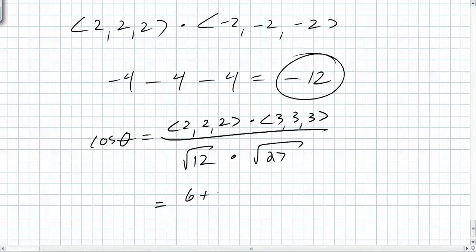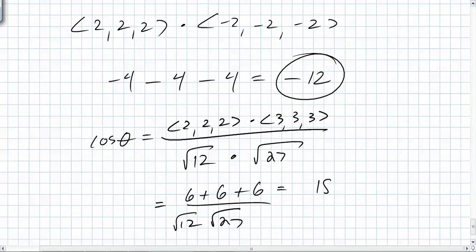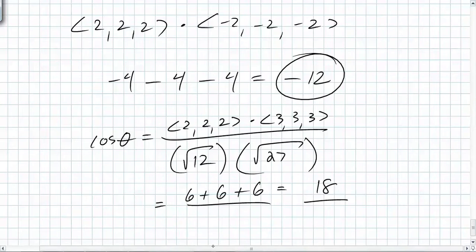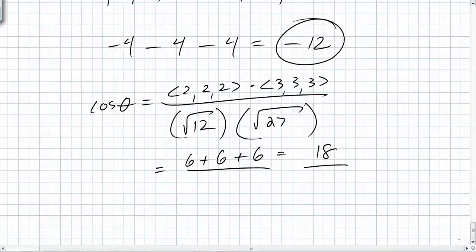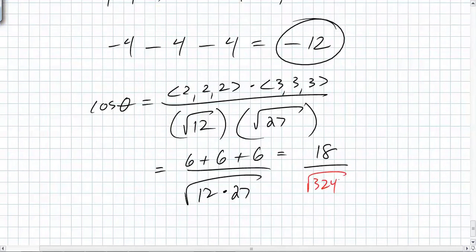If you do that out, the numerator is 6 plus 6 plus 6, which is 18. Sorry, I meant multiplication between the square roots, not a dot product. You have to be careful about the notation. You can combine them: the square root of 12 times 27, which is the square root of 324, which is 18.